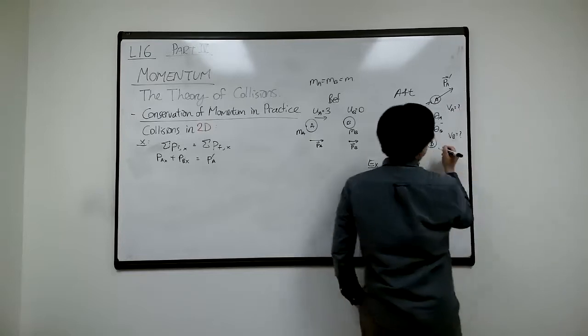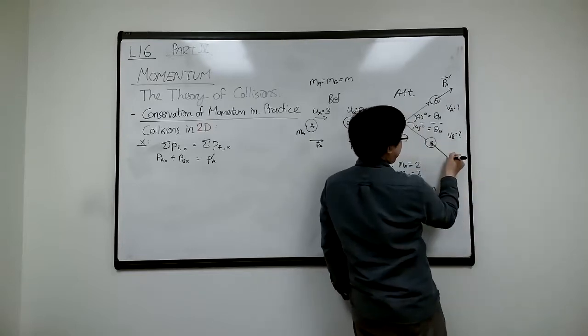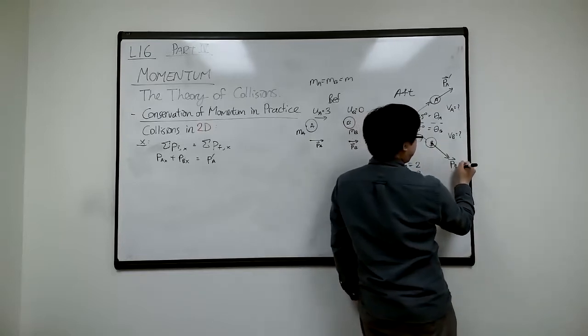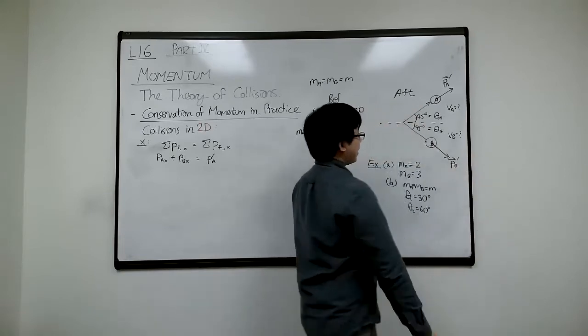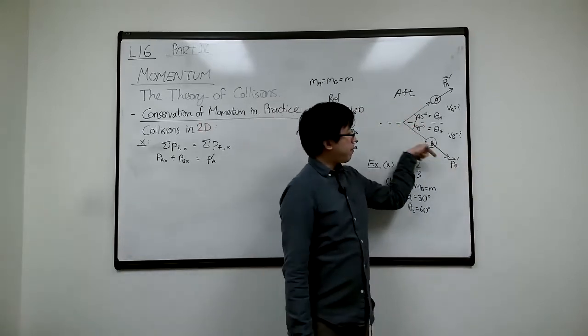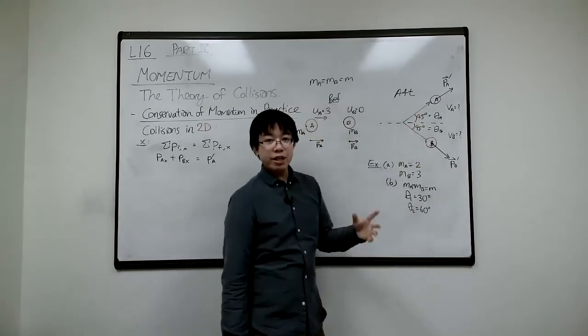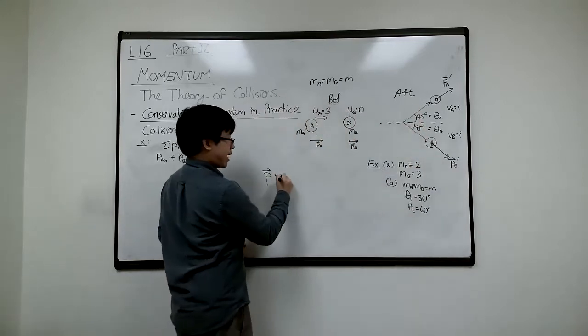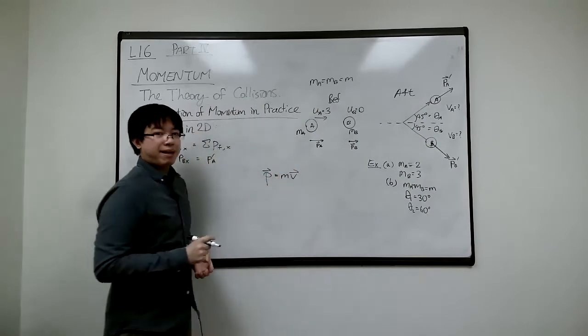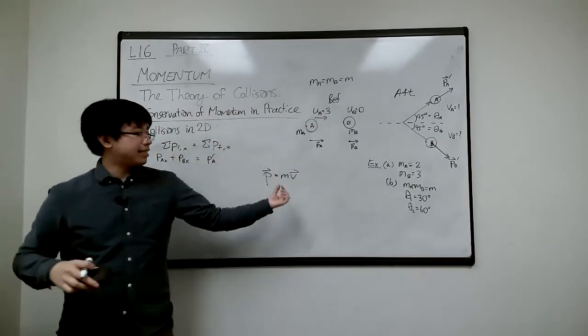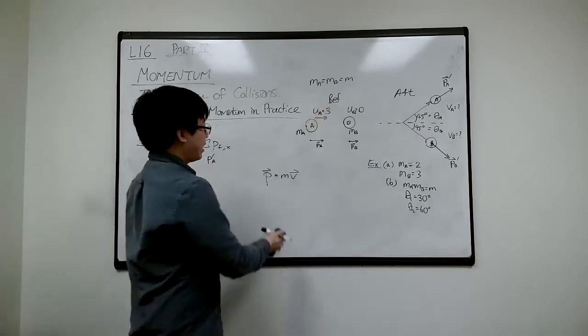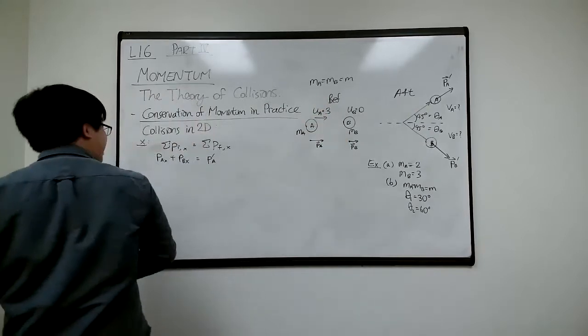These are my goals. And this guy has a momentum of PB prime. Notice I've drawn the momentum vector in the same direction as the velocity. Why? Because P is mv, so they point in the same direction. It just has a different length, but I'm not worrying about the length.